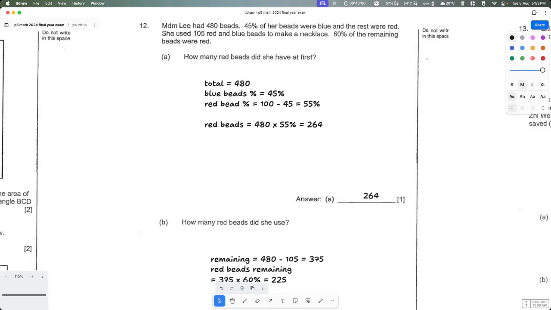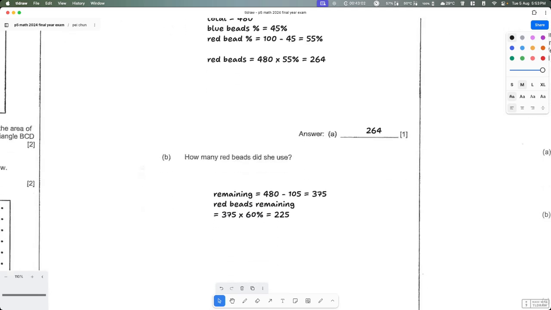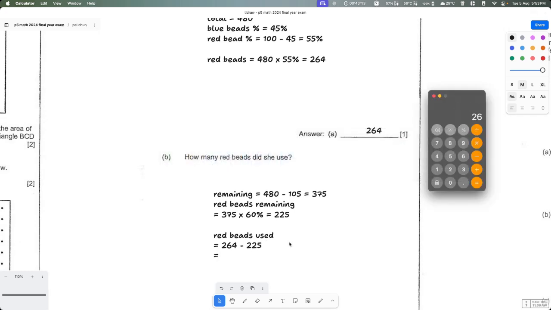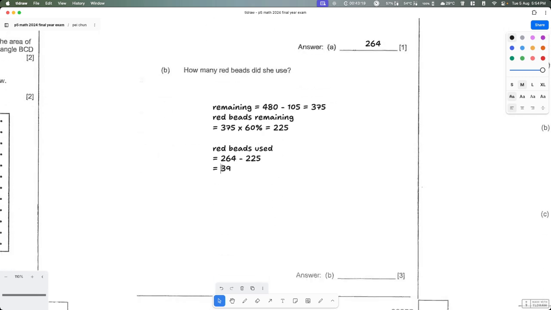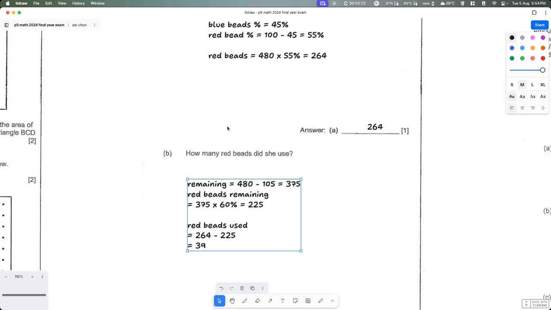So red beads remaining is 225, so red beads used is equal to 264 minus 225, which is 39. There you go. So the answer is 39. Okay, very good. Let's move on to the next question.